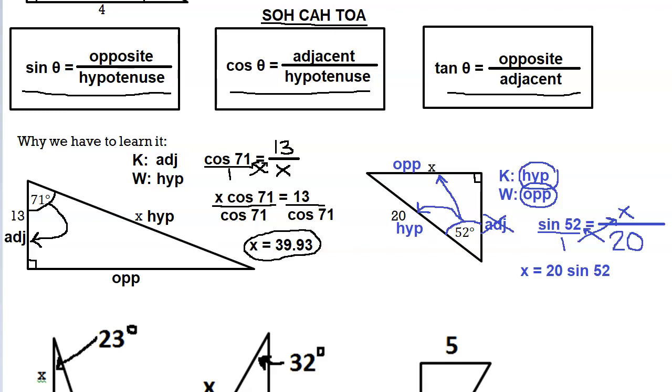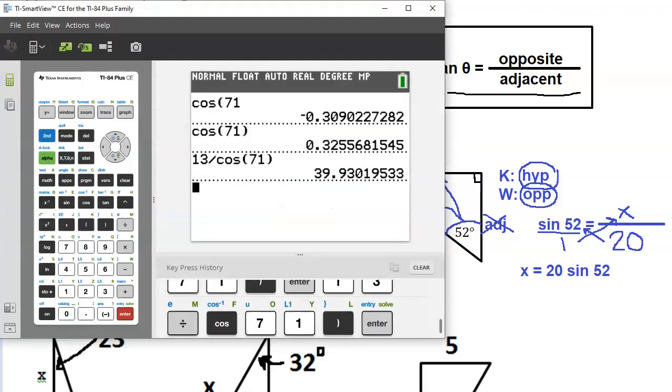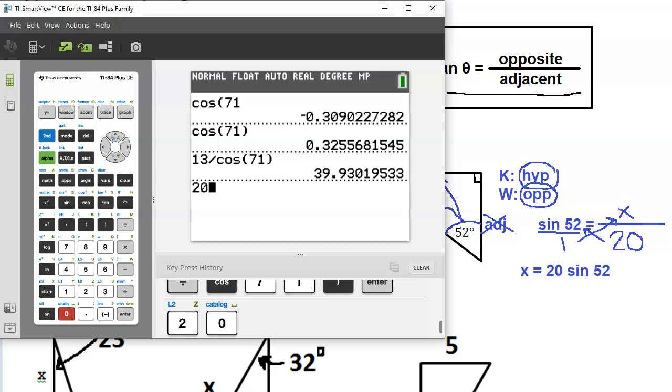Okay. Now that means we have some great news. X is already solved for. All we have to do is get our calculator out and type in 20 sine of 52. And remember, if you aren't getting the same answer as me, it's probably something in your calculator settings, and I want to make sure you're paying attention to that.